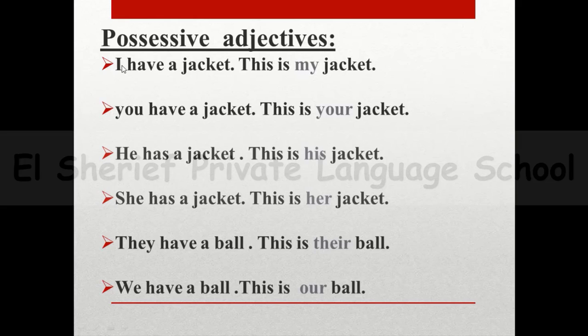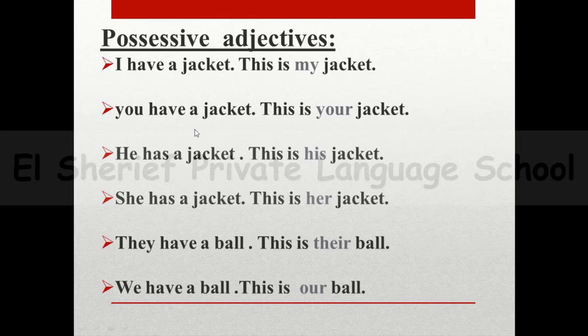Because the subject is I. So the rule says, if you want to put a possessive adjective for something that you have, by using the subject I, you should put my before the noun. So I should put the noun after the word my.